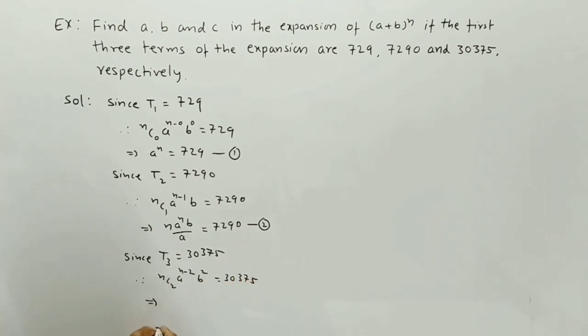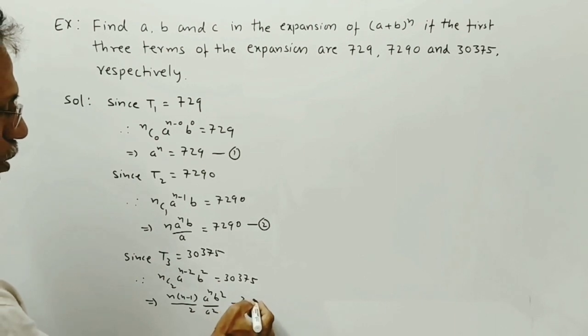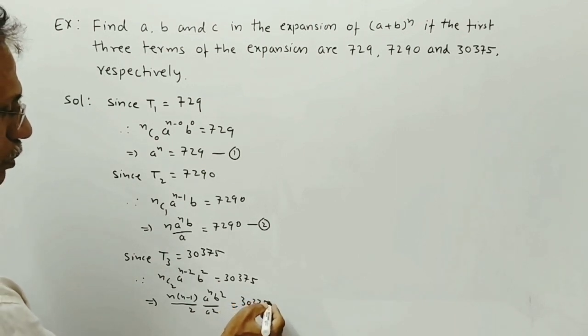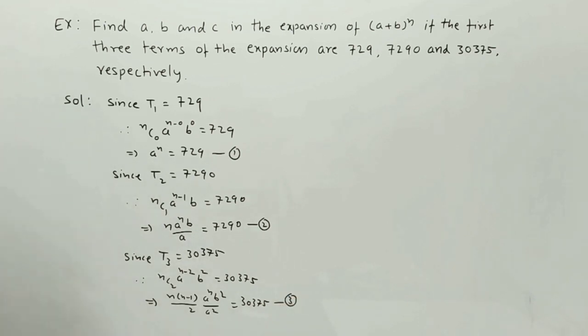This implies n into n minus 1 divided by 2 into A raised to the power n into B square divided by A square is equal to 30,375. Say number 3.